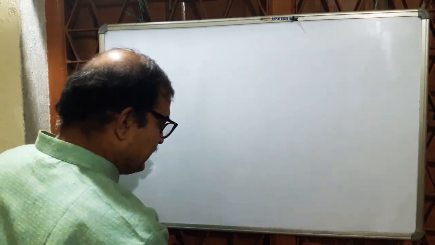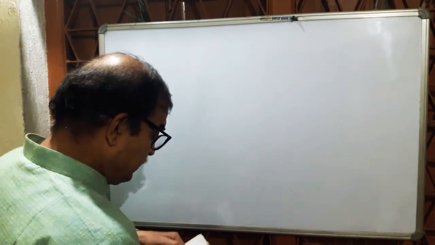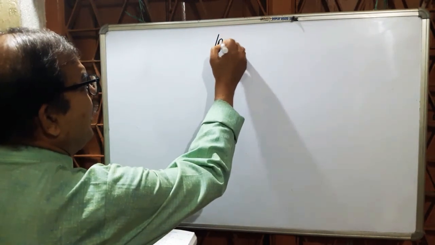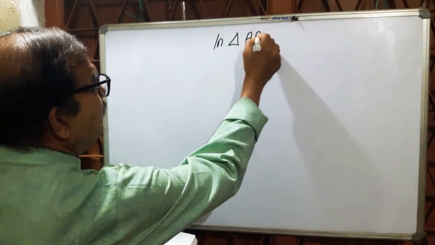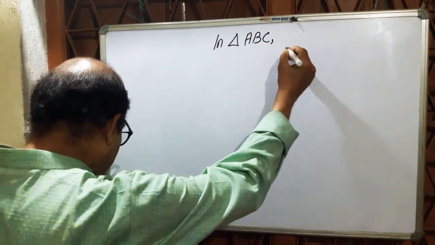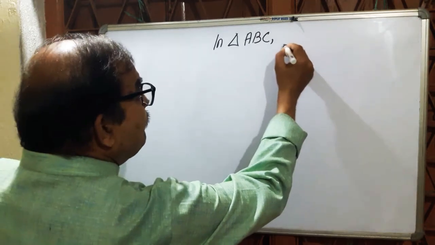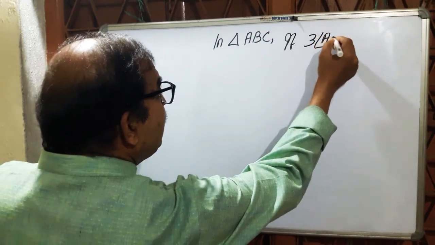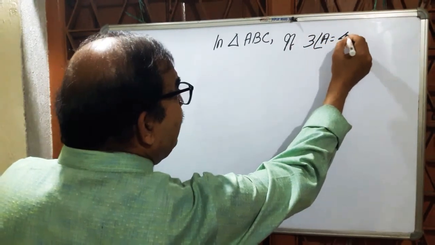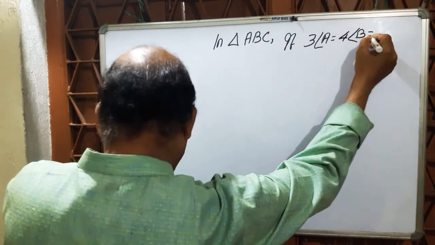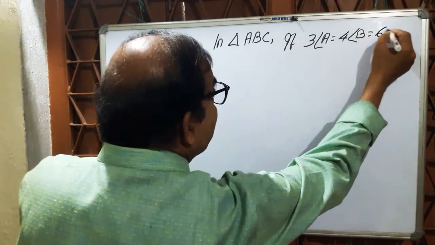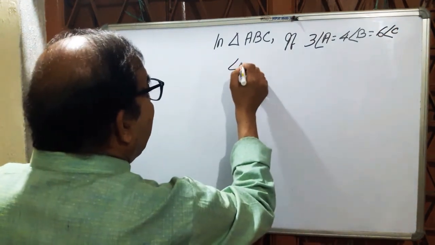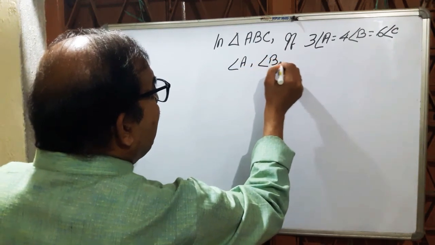It is given in triangle ABC, if 3 angle A equal to 4 angle B equal to 6 angle C, then find the value of angle A, angle B, angle C.